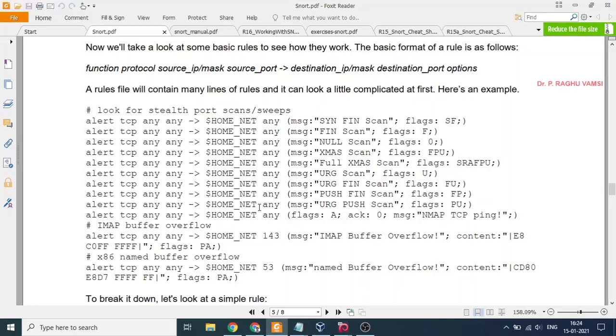The message is synchronous finished scan. Whenever you find flags as SF, then alert TCP any any to home network any. Message is finished scan, flag F. So XMAS scan and other scans can be used here.